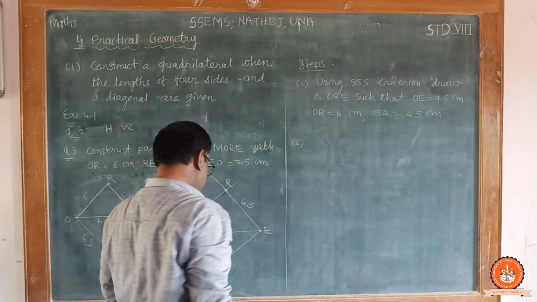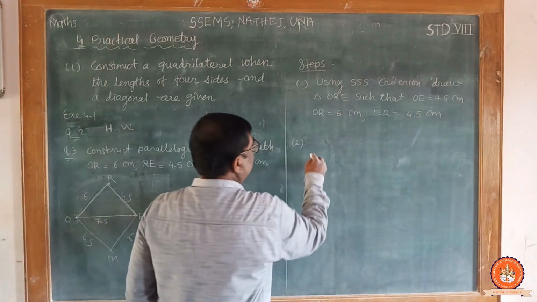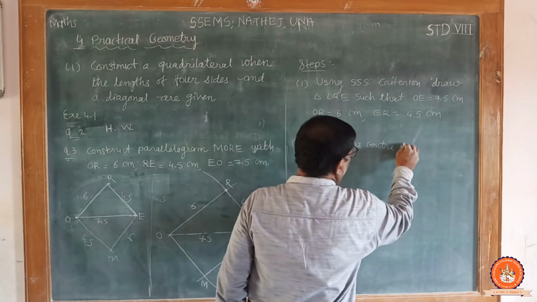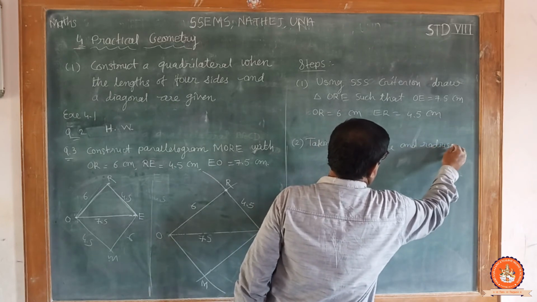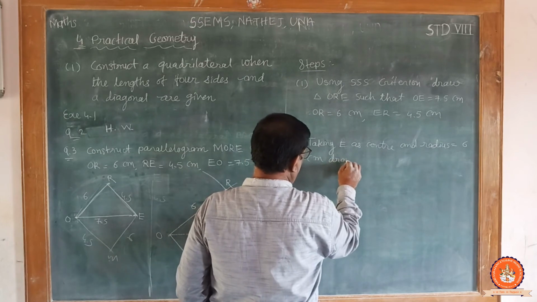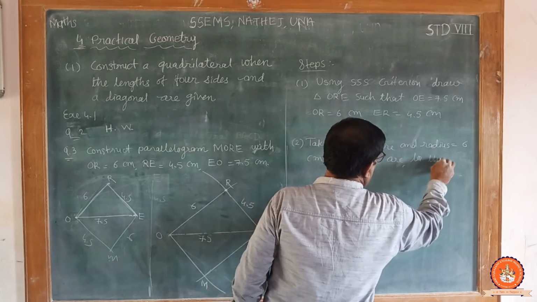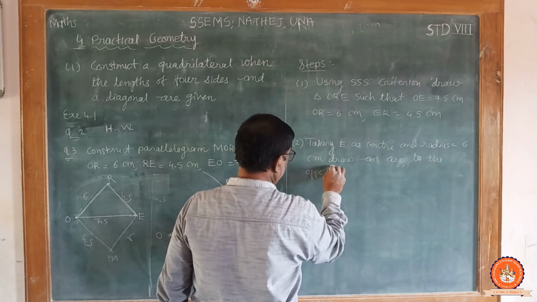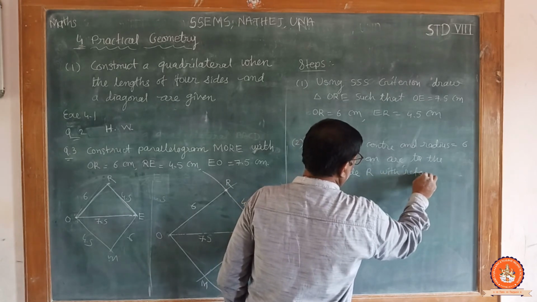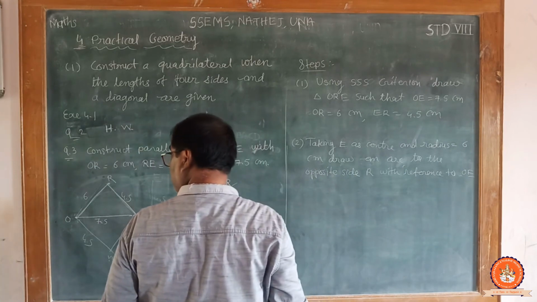Then we want the last, fourth vertex. Now taking E as a center and radius equal to 6 centimeter, draw an arc to the opposite side of R with reference to OE.